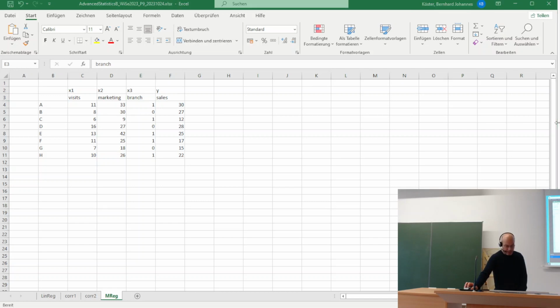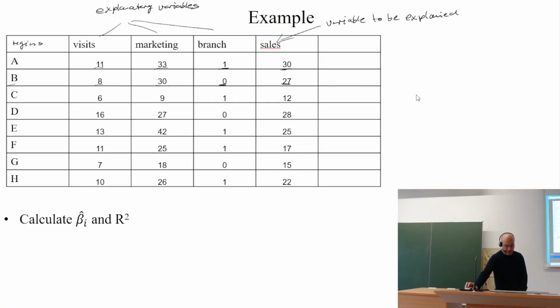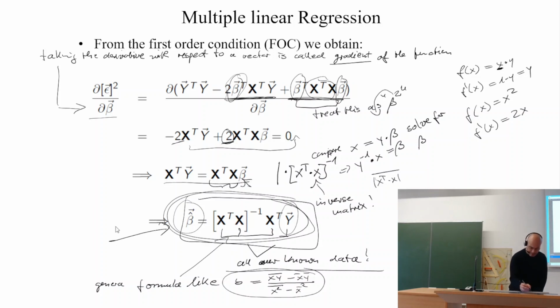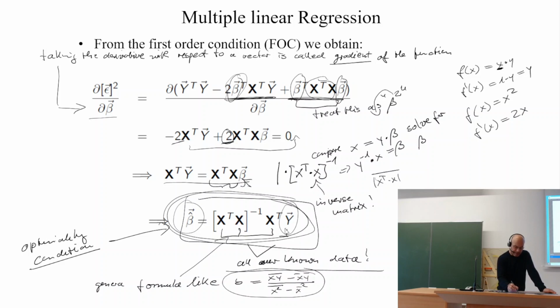Now, what else do we need for our regression? And here we have just our optimality condition. So what we need is the vector of y.